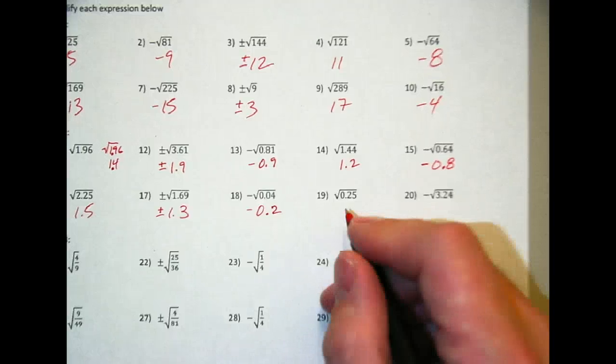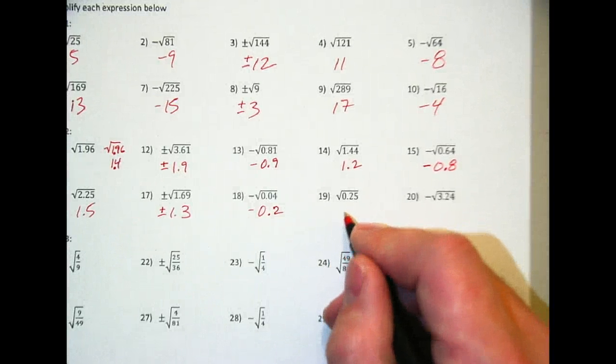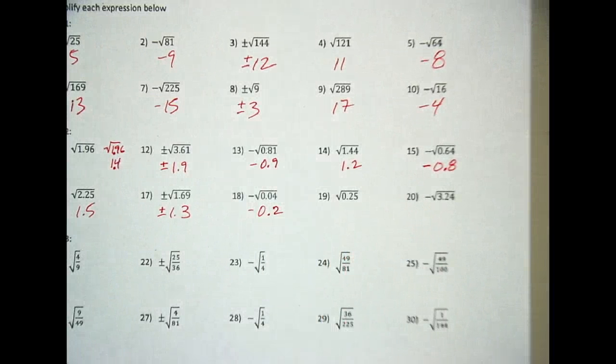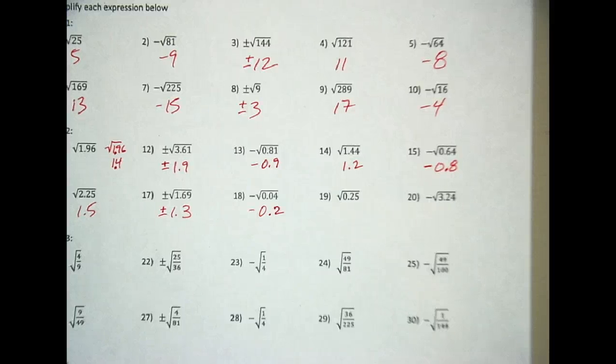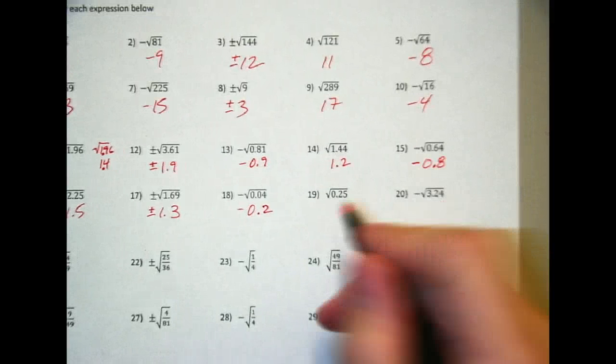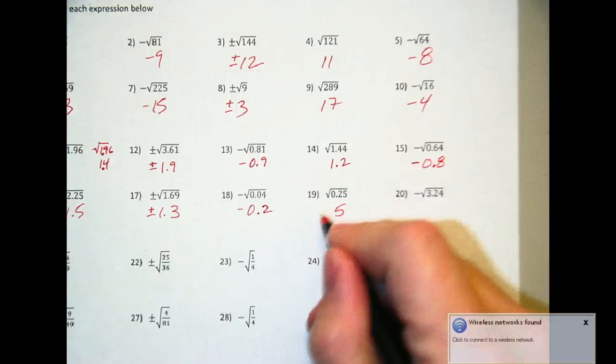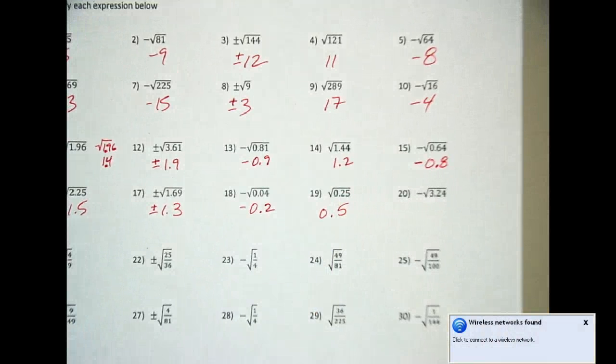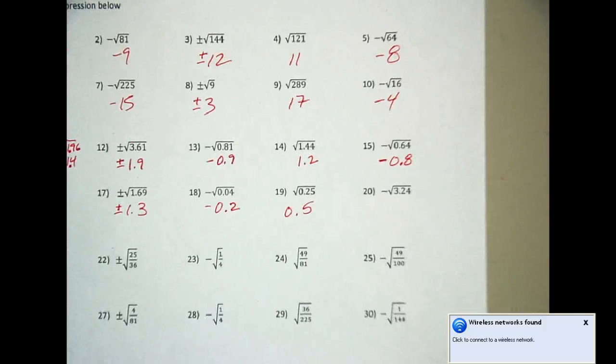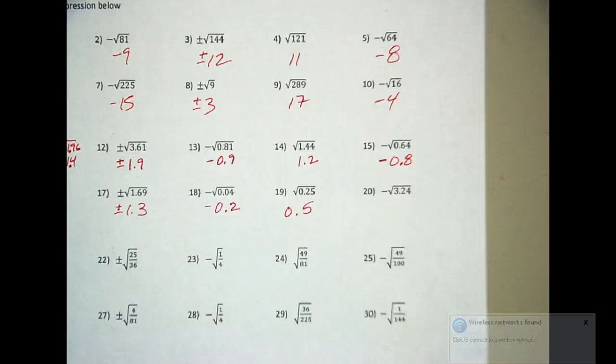Okay, Jake, number 19. What's the root of 25? So it would be 5, right? And then with the decimal, you got the 0.5. Good. Okay, and Jaden, number 20. What's the square root of 324? Back to your perfect square list.